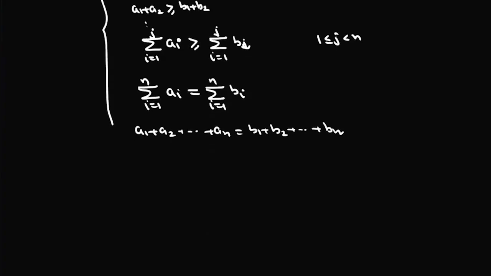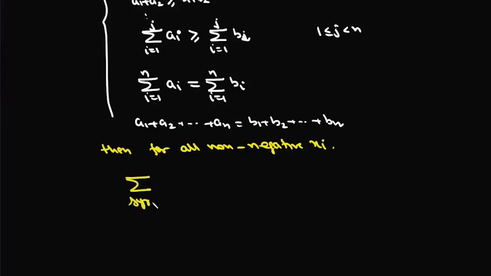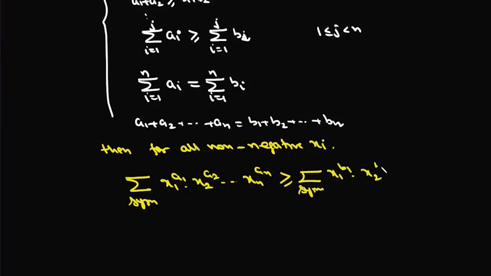Then Muirhead's inequality says for all non-negative xi, we can write the symmetric sum of x1 to the power a1, x2 to the power a2 up to xn to the power an will always be greater than or equal to the symmetric sum of x1 to the power b1, x2 to the power b2 up to xn to the power bn.